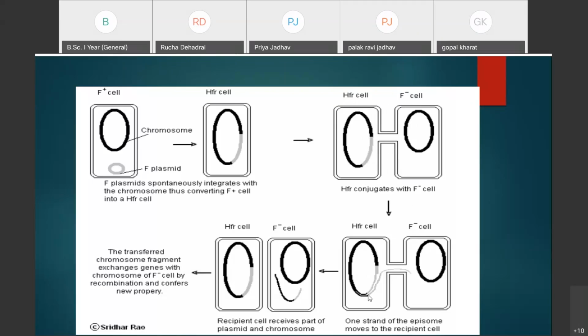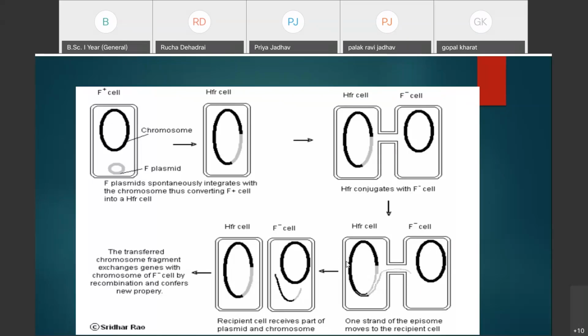Okay, here you can see the parental strand will get broken down, and along with it some amount of the plasmid will also get broken down, and through the genetic tube this genetic material will get transferred into the F negative cell.